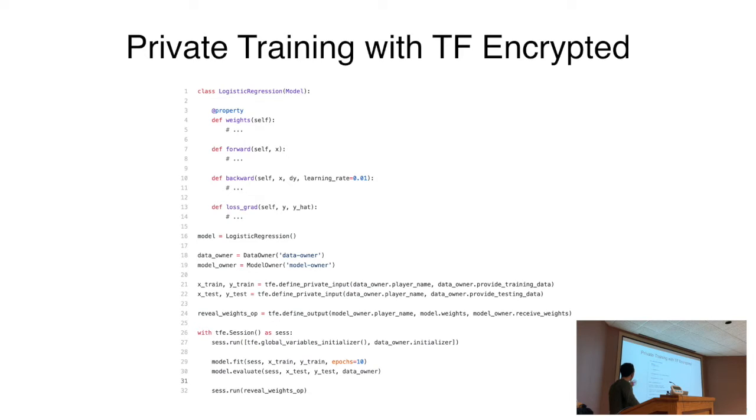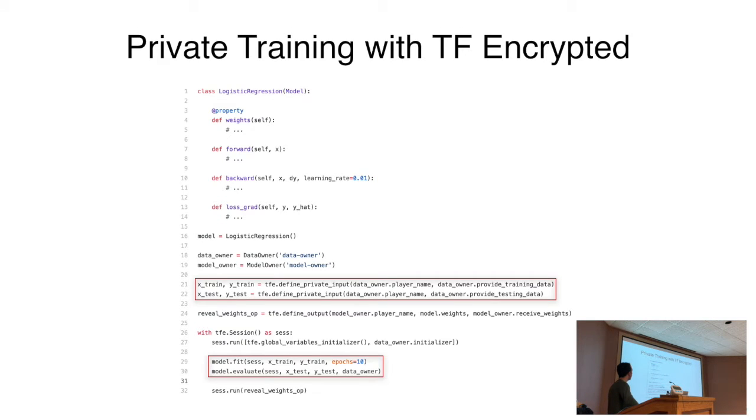So this is how you do private training. This is a logistic regression model. You define it. So this is a high-level API that's definitely not set in stone. It was kind of made for demo purposes, but essentially the same thing that you would normally do happens. You define your forward pass, your backwards pass. We don't yet have autograd, so you have to define your own backwards pass, which is going to be changing in the next month, I would say, hopefully.